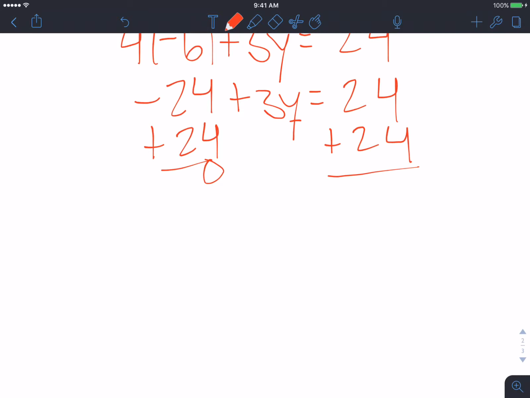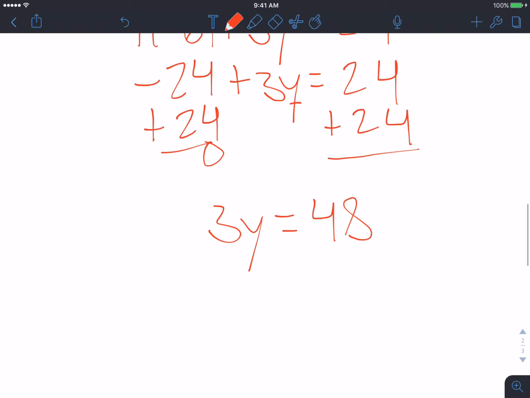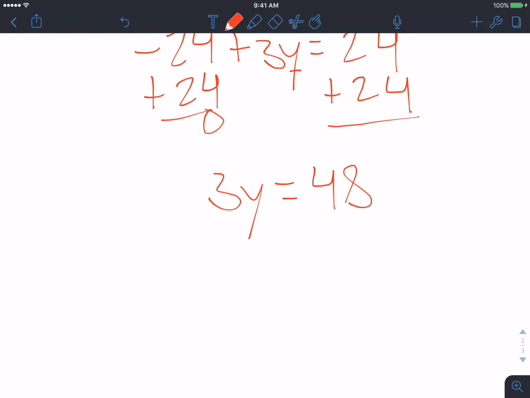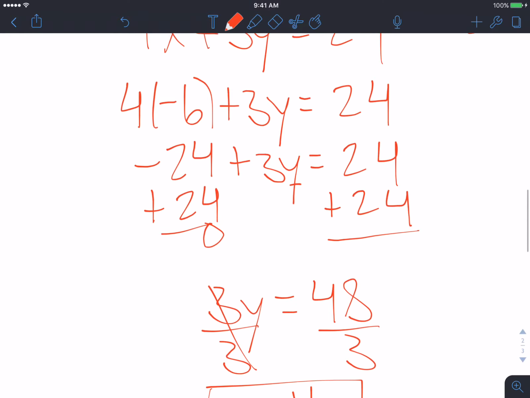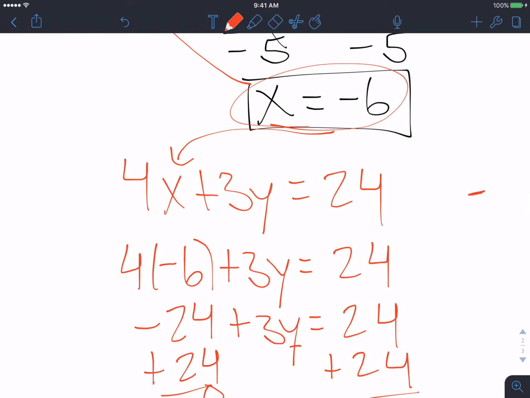And you're going to be left with 3y equals 24 plus 24 is 48. Okay? And now we're going to divide by 3 on both sides. 3 over 3 is 1. So y equals 48 divided by 3, 16. Okay? So now we have both our x and our y. So let's go ahead and move this around.